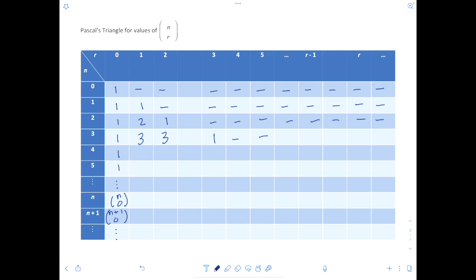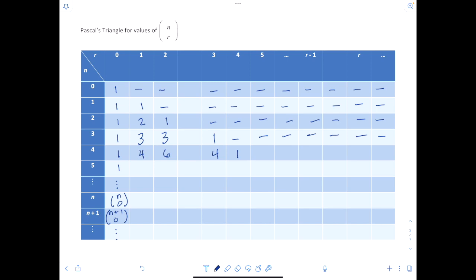The rest of these don't make sense. Continuing on, 4 choose 1 is 4. 4 choose 2: how many ways can we choose 2 from 4? You'll find out that that is 6. And then 4 choose 3 is 4, and we have 1.